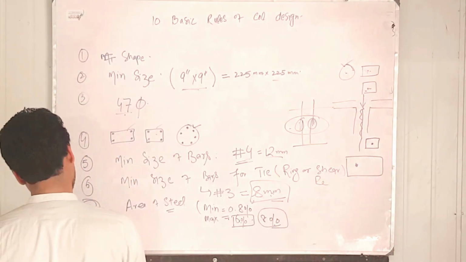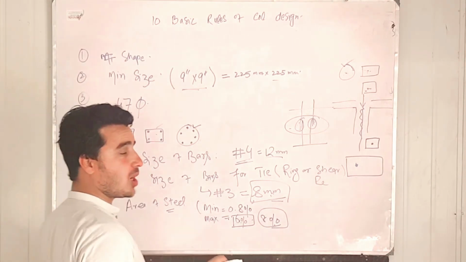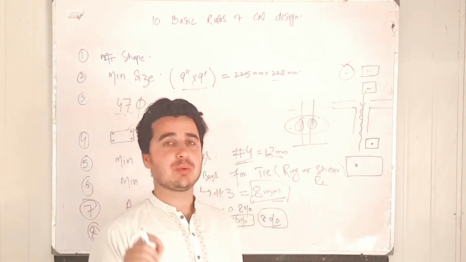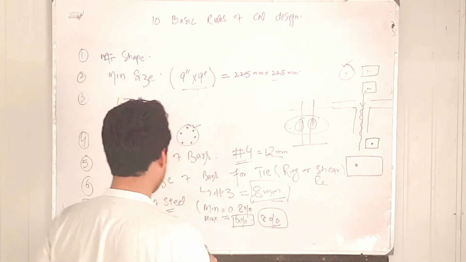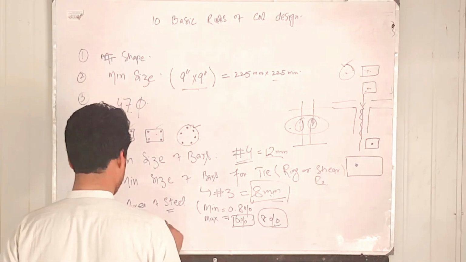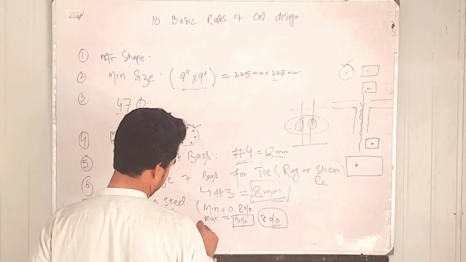And rule number 8, the last one, is which type of concrete shall be assumed to be used in any type of column. The basic one will be M20, which is equal to 20 Newton per millimeter square.